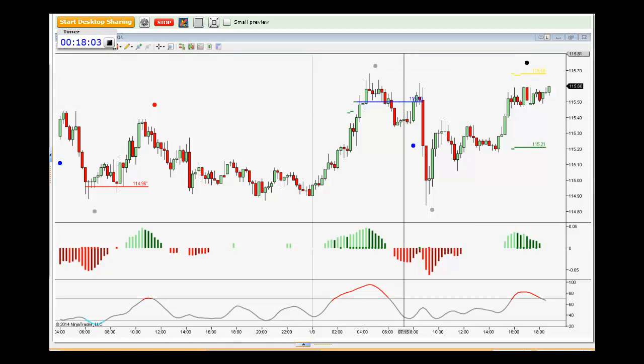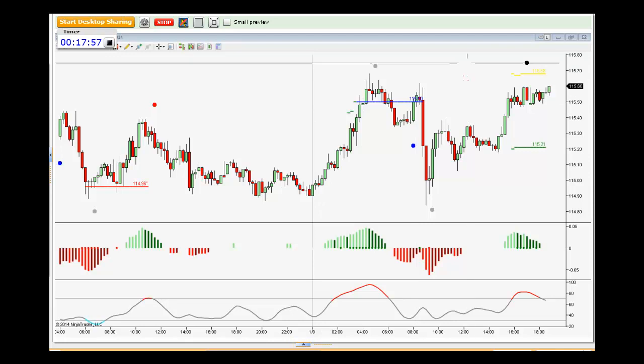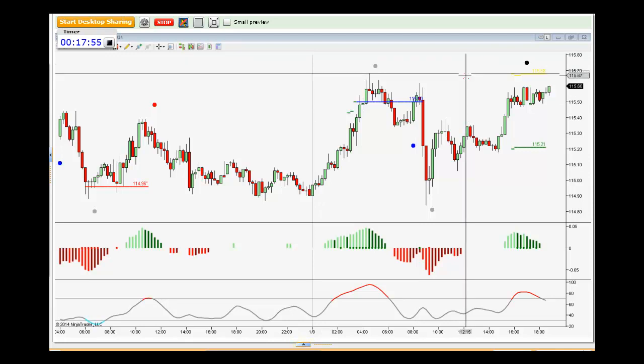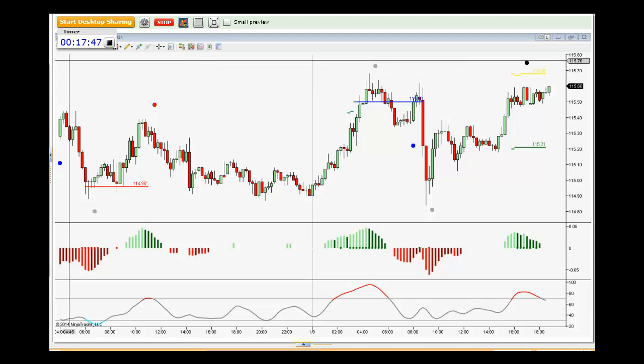It's already traveled 80% of its movement for the day. Not necessarily a trade that I would want to take. So a great example of, if it hits that point, our follow through might be a little bit suspect. So I talked about that earlier as yellow being caution. Glad we looked at some Forex.